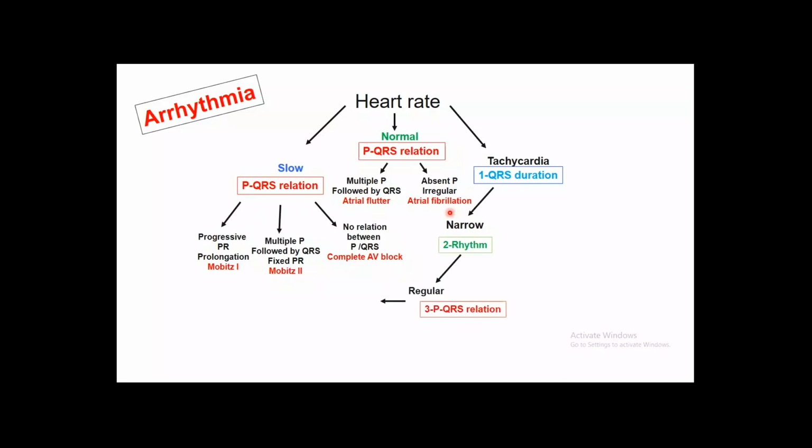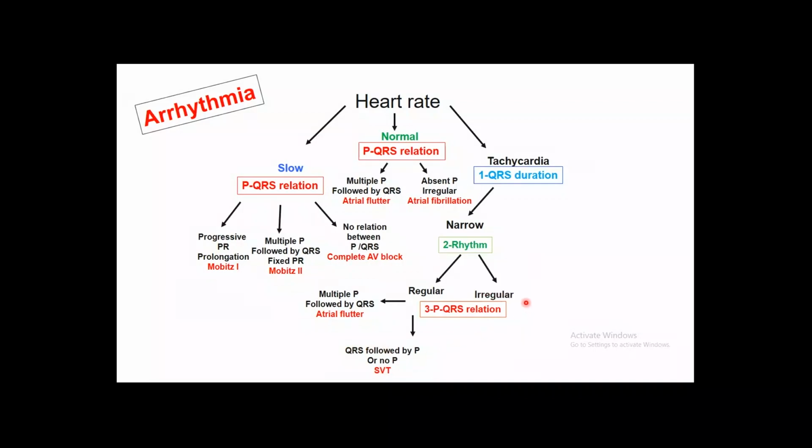If the rhythm is regular, then we will look for the third point, which is the P QRS relationship. If we have multiple P waves followed by a QRS complex, this will be atrial flutter. Again, if we have a QRS followed by a P wave or no P wave at all, this will diagnose supraventricular tachycardia or SVT.